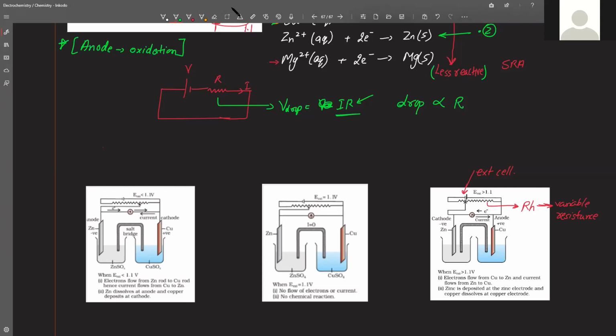Suppose this is a 20 volt battery, and the current comes here and flows through this resistance. Sorry, let me make this positive, and this part negative.